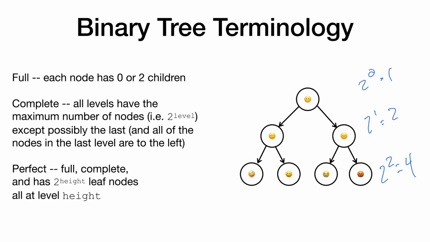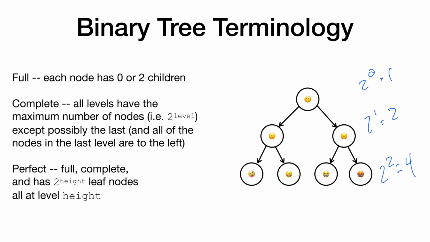So we can see that this tree has all 4 nodes in this last level, all 2 nodes in the second level, and it has a root. So it is complete.